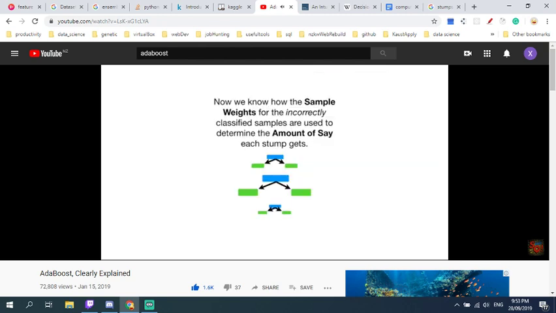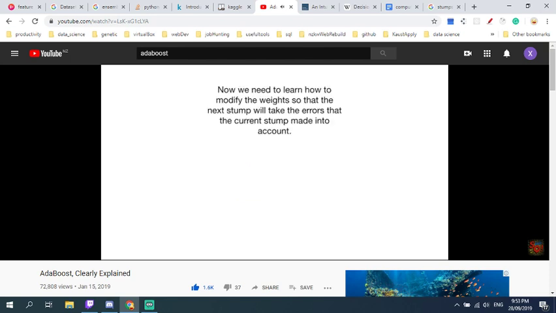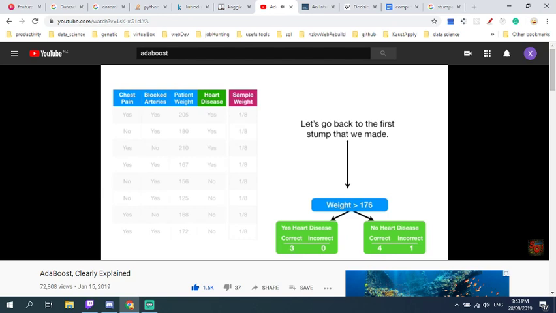Now we know how the sample weights for the incorrectly classified samples are used to determine the amount of say each stump gets. Bam! Now we need to learn how to modify the weights so that the next stump will take the errors that the current stump made into account. Let's go back to the first stump that we made.